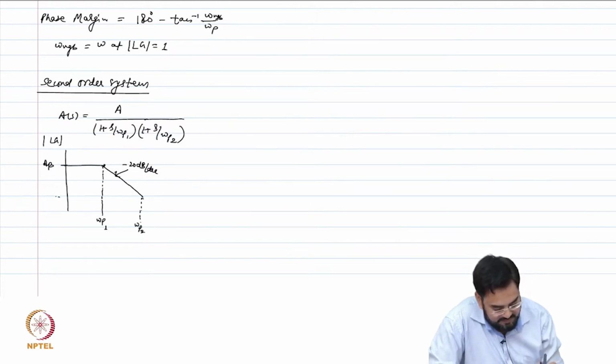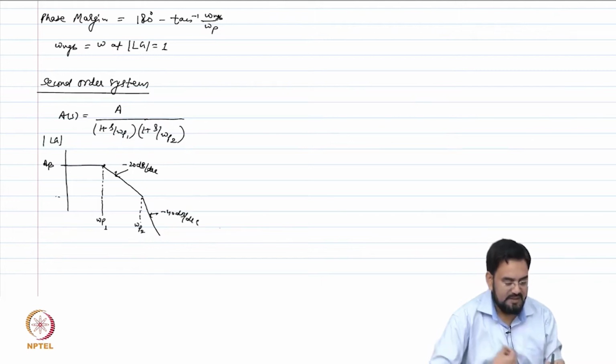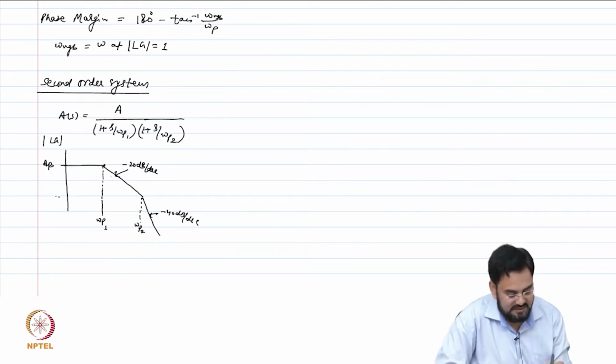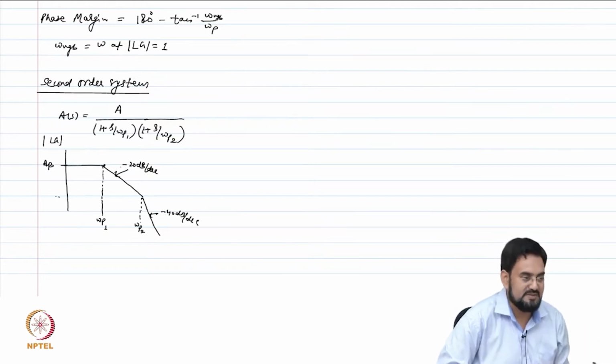It will start decaying with minus 40 dB. Okay, if omega P1 and omega P2 were at the same frequency, then you should have started with minus 40 dB per decade right from here, very first point. Okay.